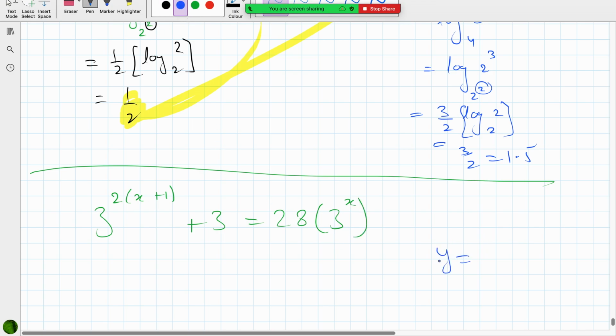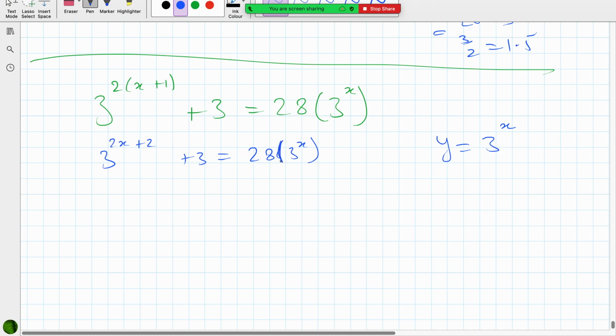Y is equal to what? 3 to the power of x. Okay. So 3 raised to the power 2x plus 2 plus 3 is equal to 28 into 3 to the power x. Are we good?